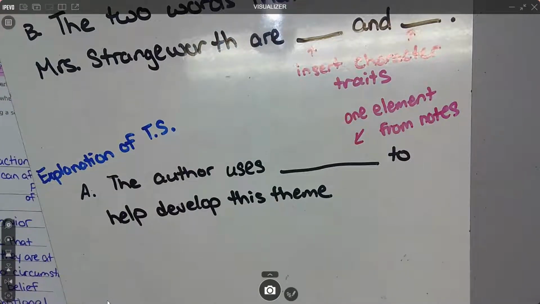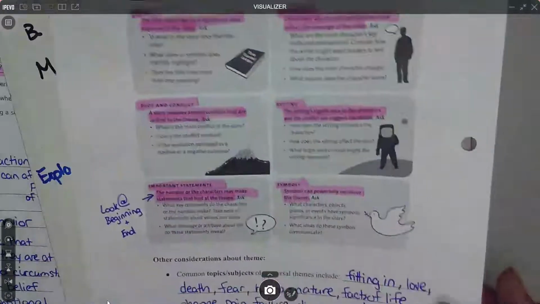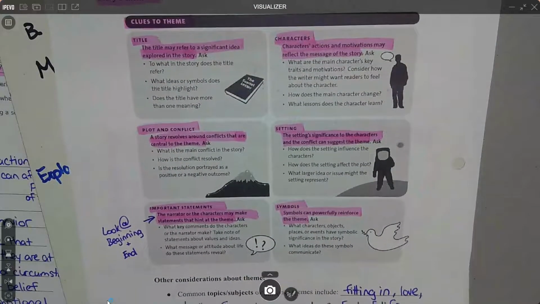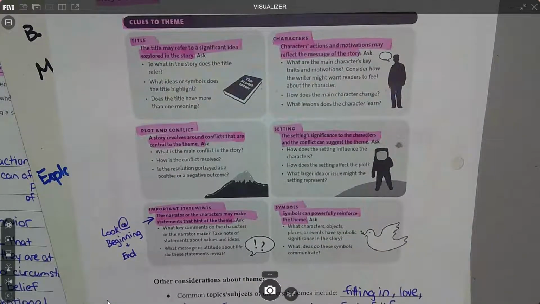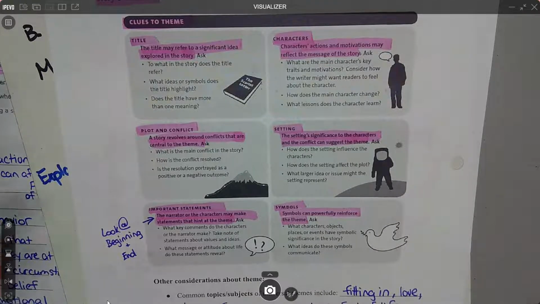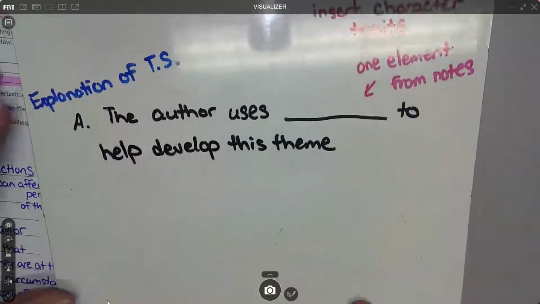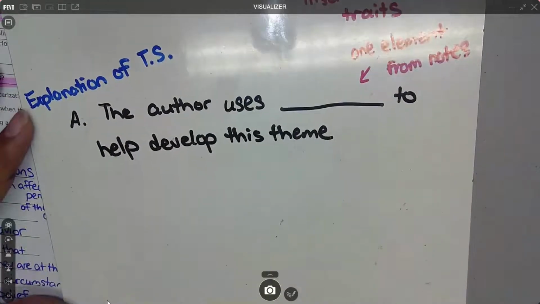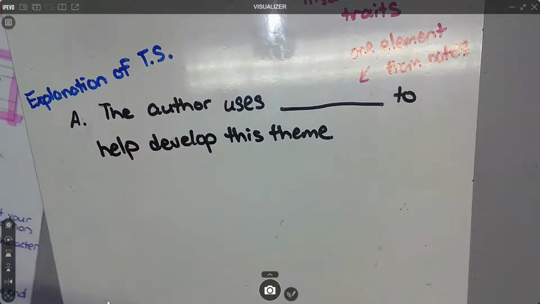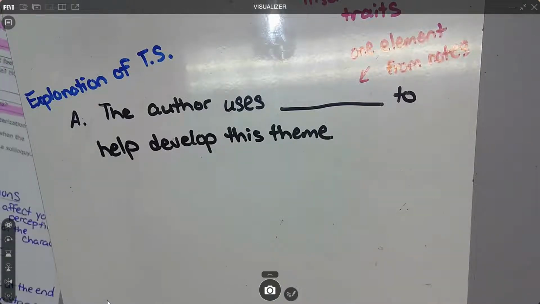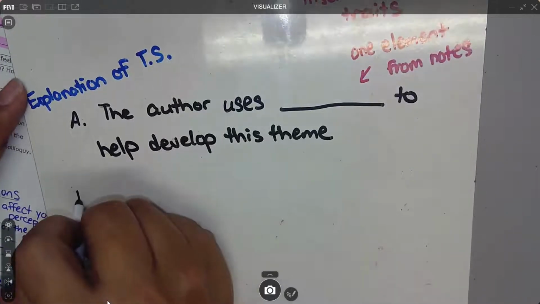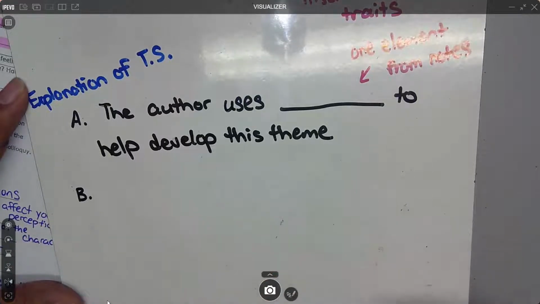So if you look at the back of your theme notes, you had these 6 elements that could give clues to the theme. Pick one. So that's how you would do your explanation of topic sentence for the first prompt, for prompt A.